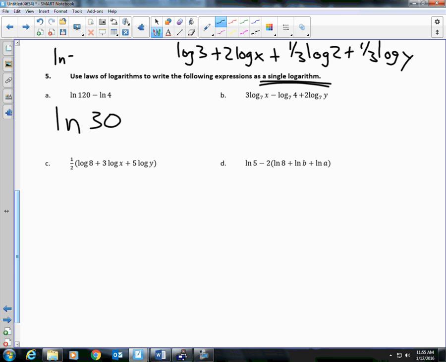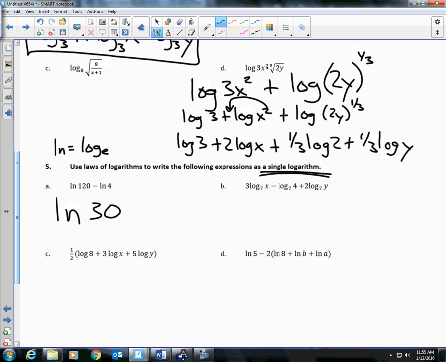Natural log is the same thing as log base e. So I can rewrite this. I don't subtract the 120 and the 4, I divide them when I write from a single log. So instead of pulling them apart like I did before, I'm going to put them together.